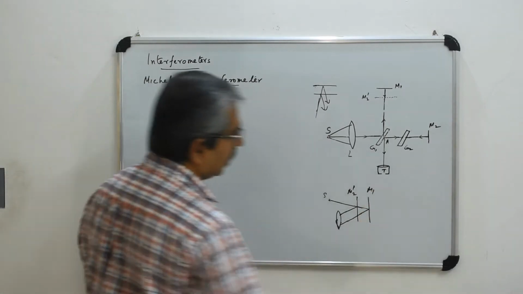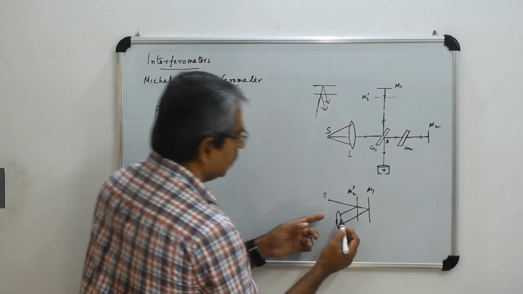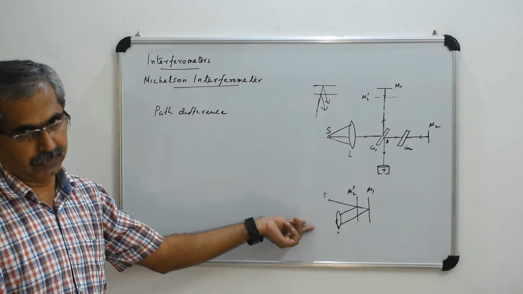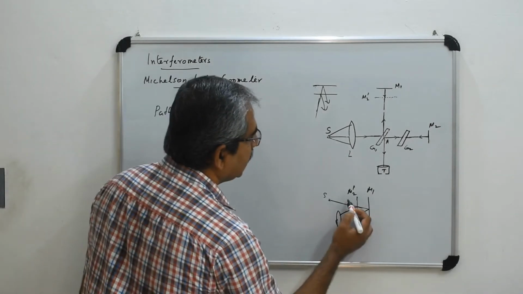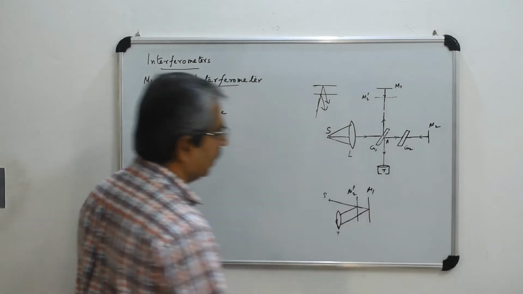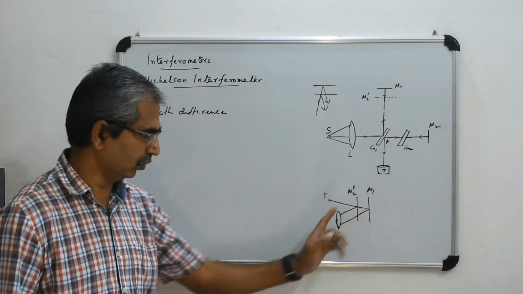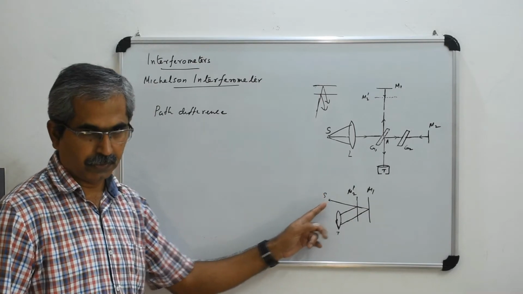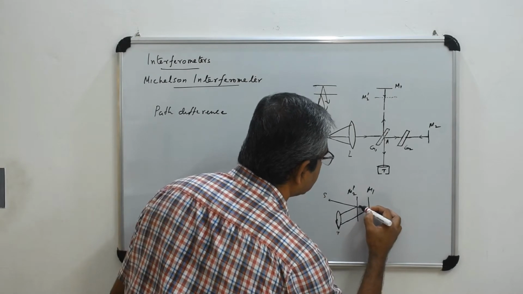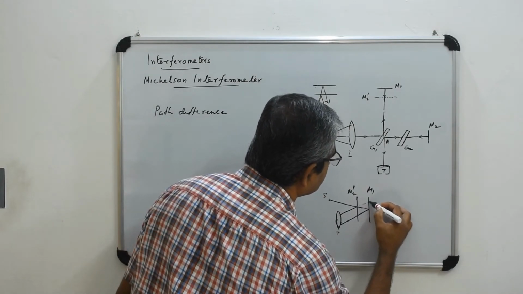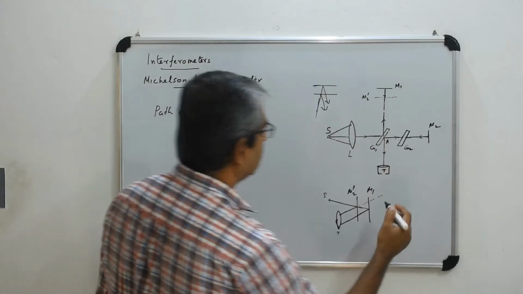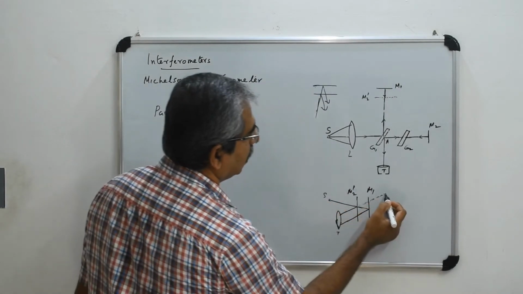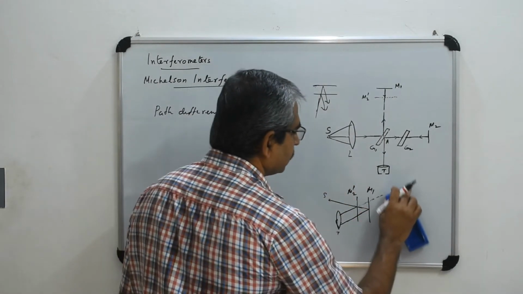This is a telescope, so this is where you are observing the interference effects. Now when it is reflected, where will you see the image? You are looking at the mirrors M1 and M2. Where will you observe the image of the source? That will be somewhere here. The same distance you have to draw along this direction.